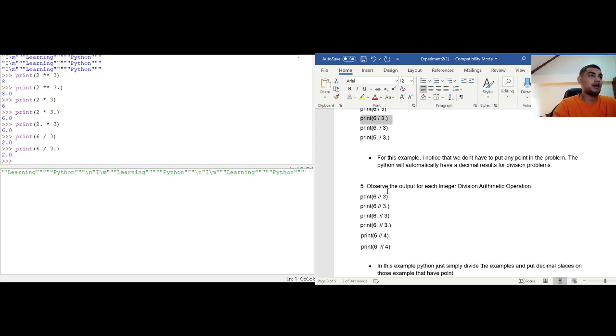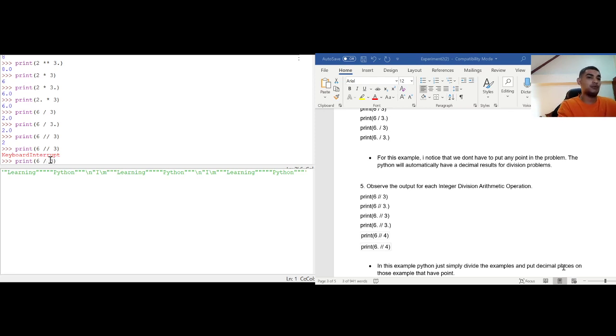Then for number 5, observe the output for each integer division arithmetic operation. In here, the first string is 6 divided by 3. As you can see, the answer that came up is just a whole number, 2, because we have used 2 slashes.